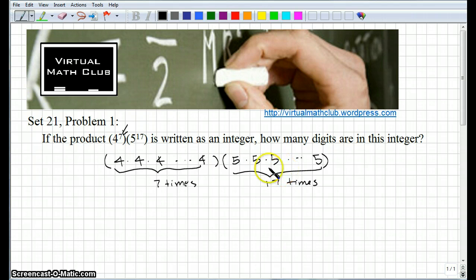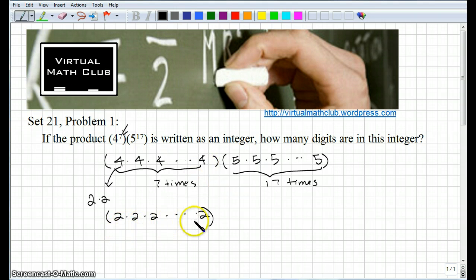So we have 17 fives and 7 fours, but we could rewrite this. Each one of these 4s could be written as 2 times 2. So we could write this as 2 times 2 times 2 times 2, and every one of these 4s gives us 2 2s.